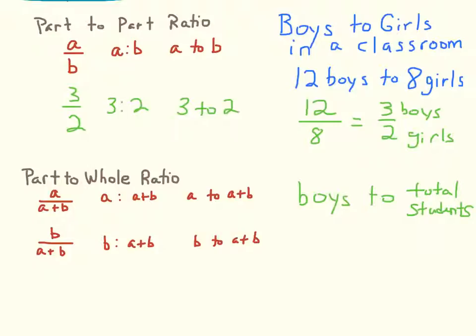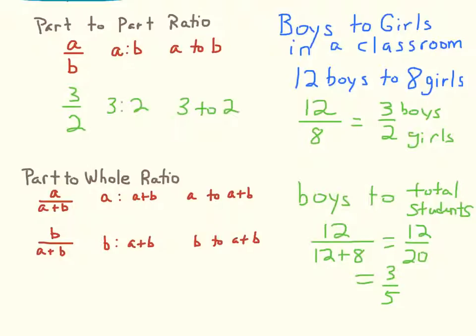So in this case it would be 12 over 12 plus 8, which equals 12 over 20. Now the common factor is again 4, so that's a ratio of 3 to 5.